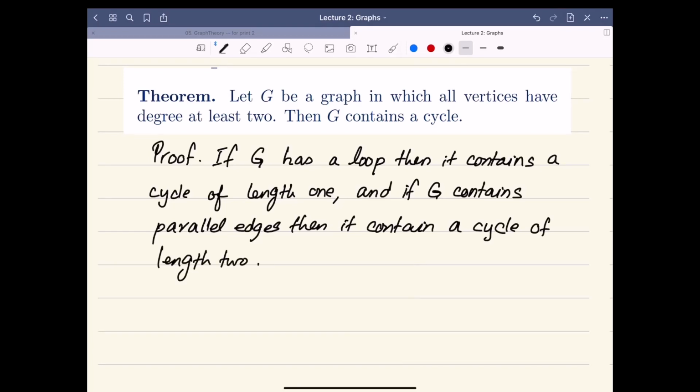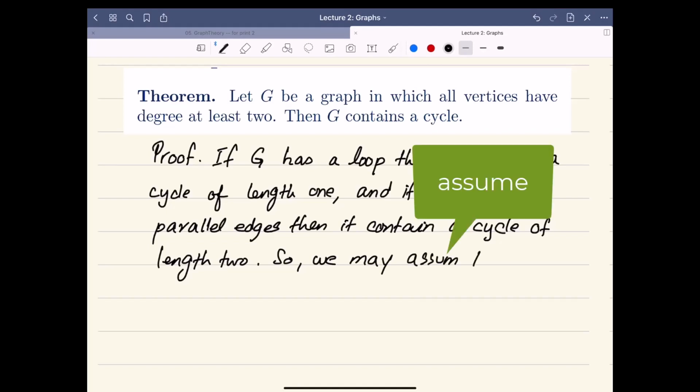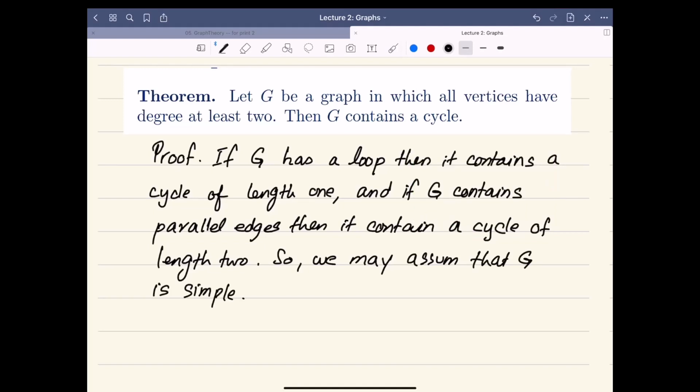So in this case, we may assume that G is simple. Okay? So we will assume that there are no loops and no parallel edges.